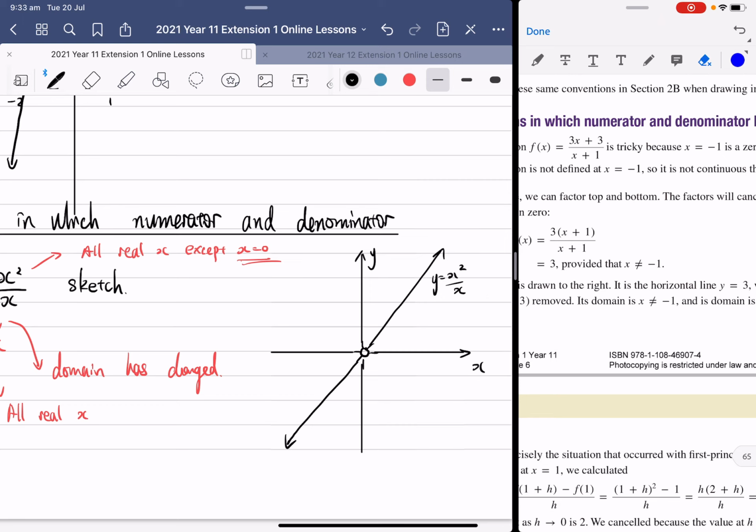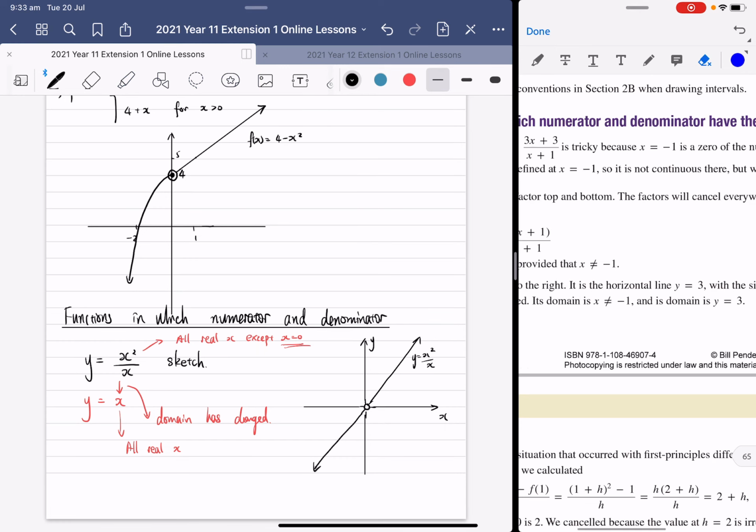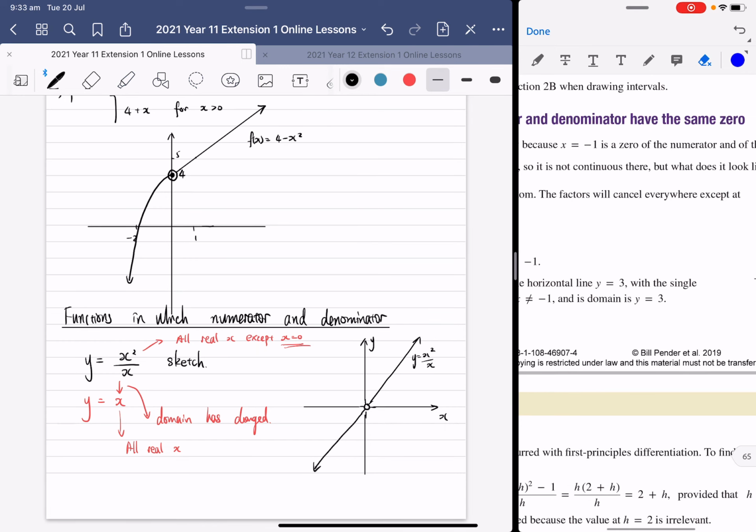When x is equal to 0, the function is undefined. So this is what happens when we have a function in which the numerator and denominator have the same zeros.